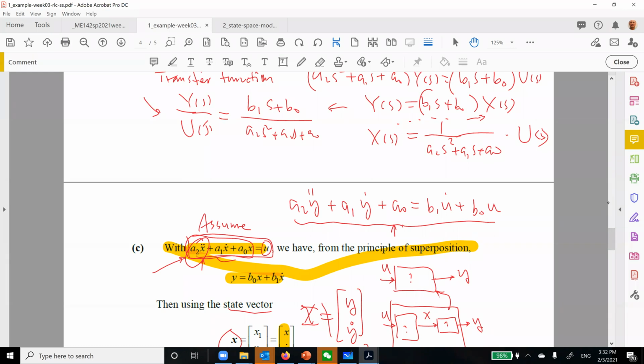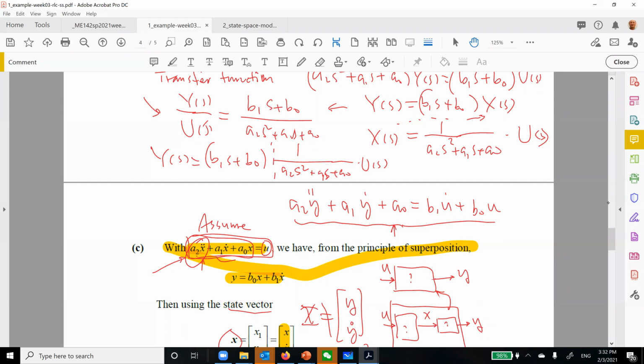So that explains why we need to introduce x. It's because we split the numerator and the denominator, okay? So basically Y of s is b1 s plus b0 divided by a2 s squared plus a1 s plus a0 times U of s.